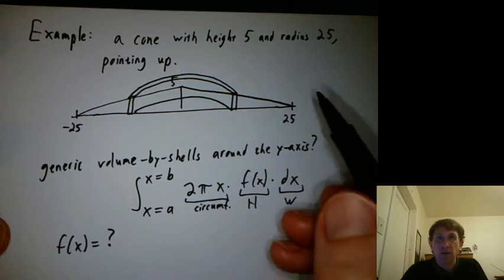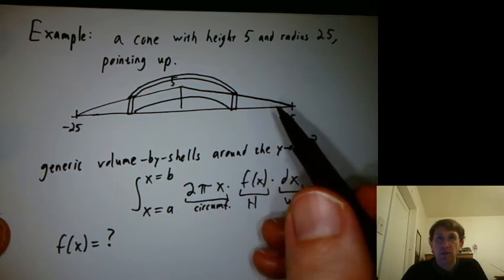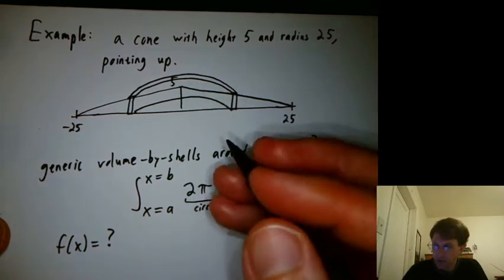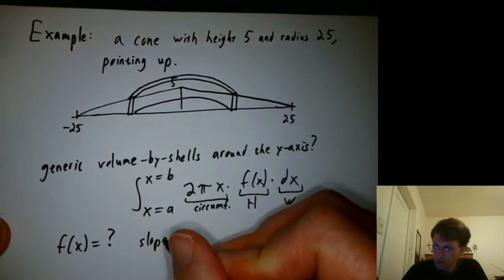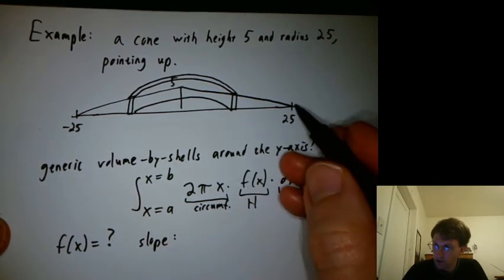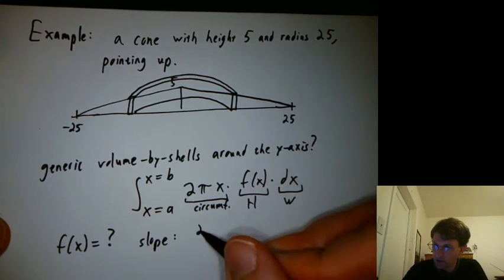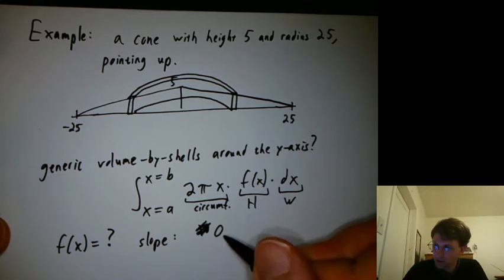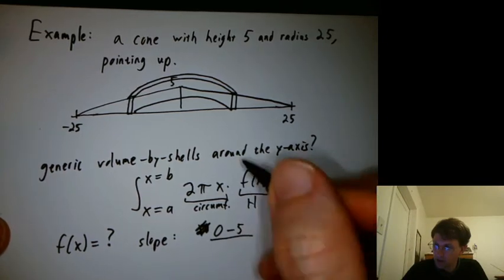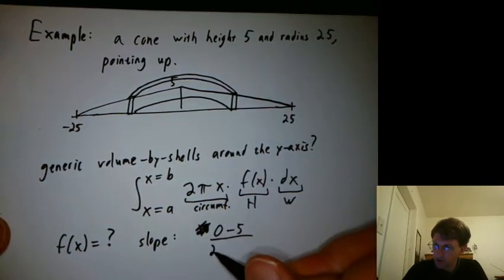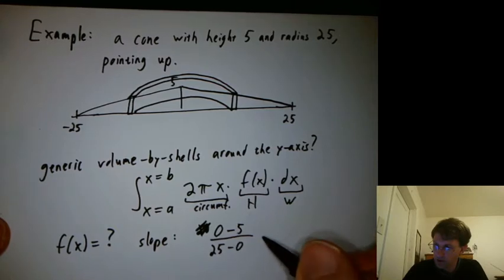Well, there are a few ways you could do it. You could ask, what's the slope? I've got a point at (25, 0), so I could say 0 for the y value minus 5 for that y value, over 25 minus 0.